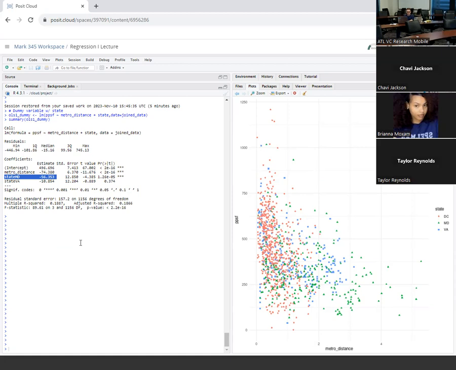Yes. Okay, now Taylor, here's the next question. Let me back up. Is the price per square footage of a home in Maryland statistically different from a home in DC?